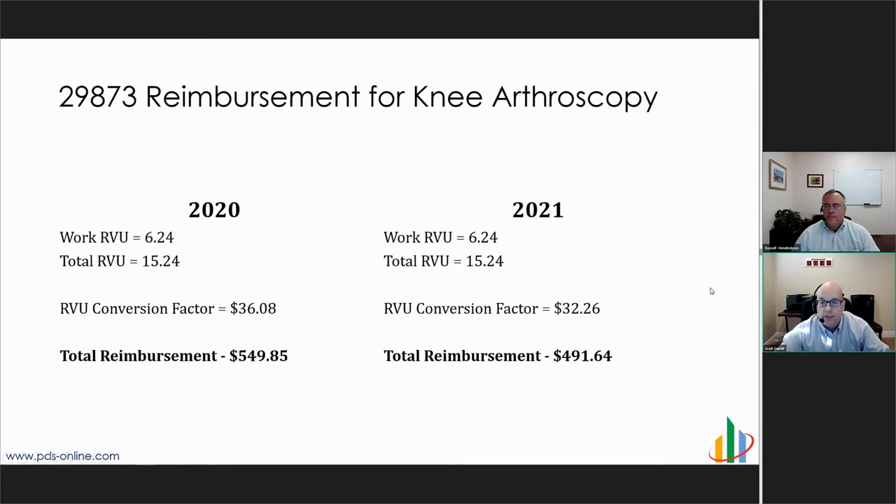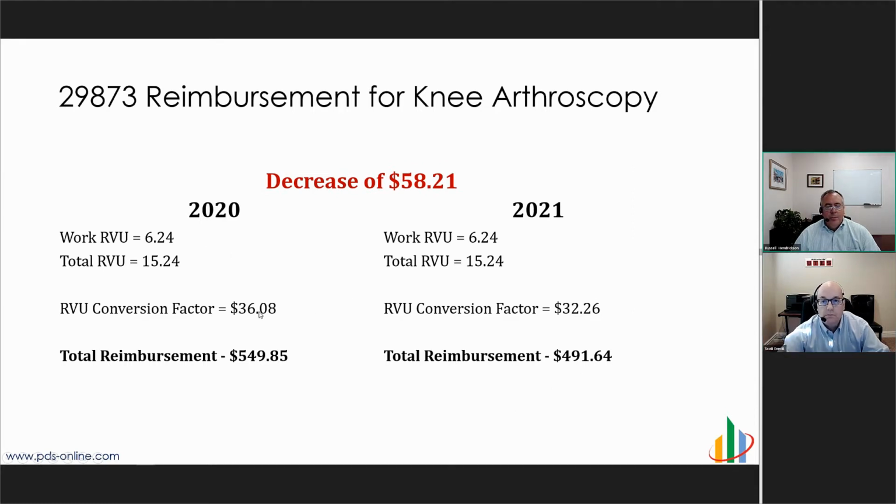So if we look at a common code, a surgical code like a knee arthroscopy, in 2020, it's a fairly significant total RVU of 15.24, bringing a reimbursement of $549.85. Well, the RVUs didn't go down, but the conversion factor drops that total reimbursement down by almost $60 each time this procedure is being done.